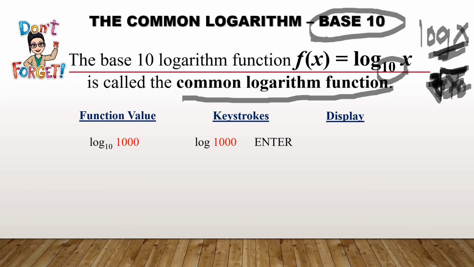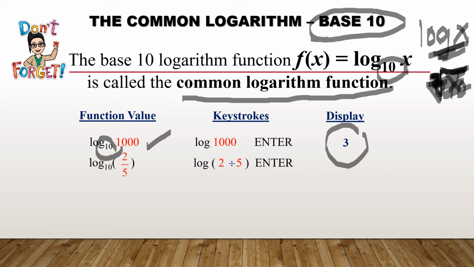So press first log, then press 1000 and enter. And on the display, you will see the answer 3. Meaning to say, logarithm of 1000 to base 10 is 3. This is simply asking what is the exponent of 10, and that is 3 for you to get 1000. Next example.